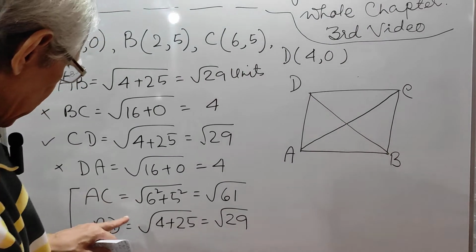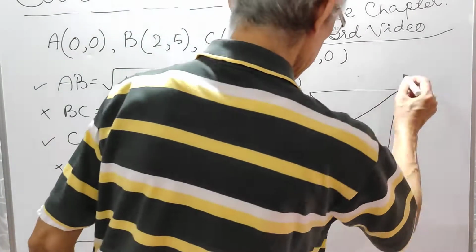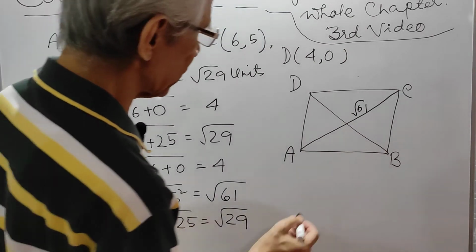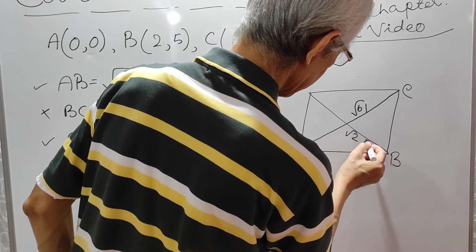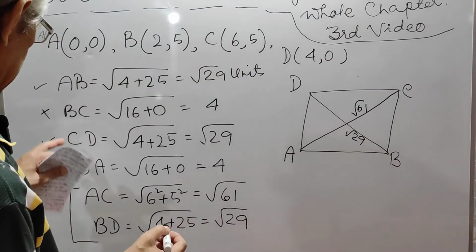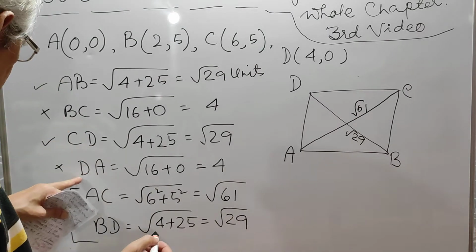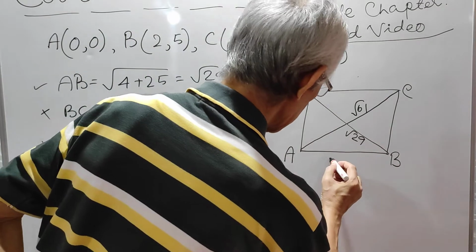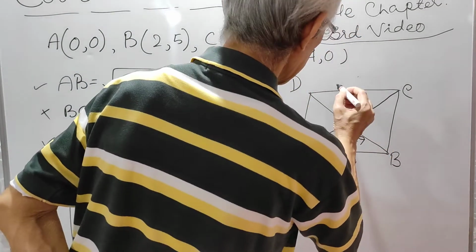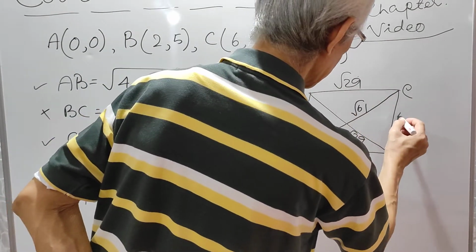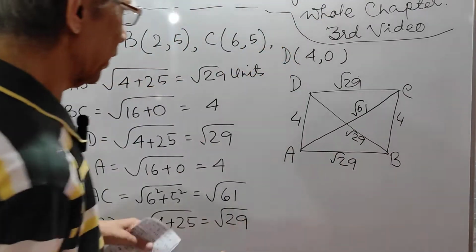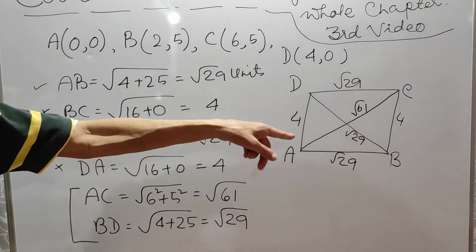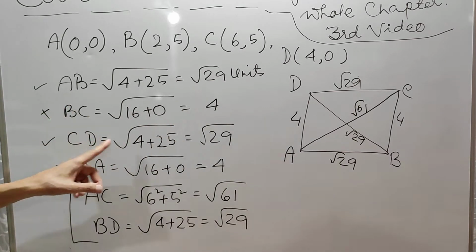So AC is root 61. This longer one is root 61, and the shorter one BD is root 29. Then AB root 29, CD root 29, and AD equal to 4, BC equal to 4.